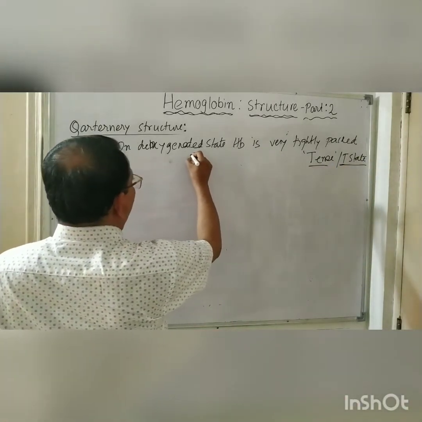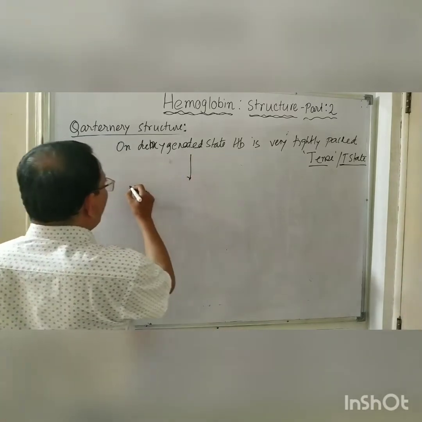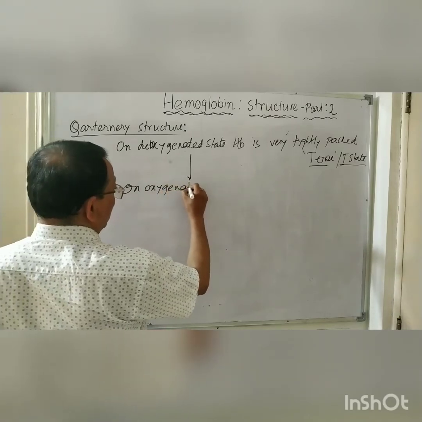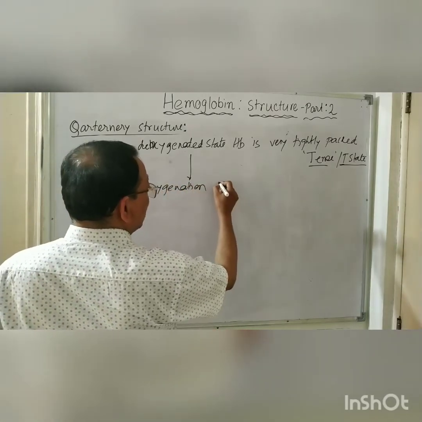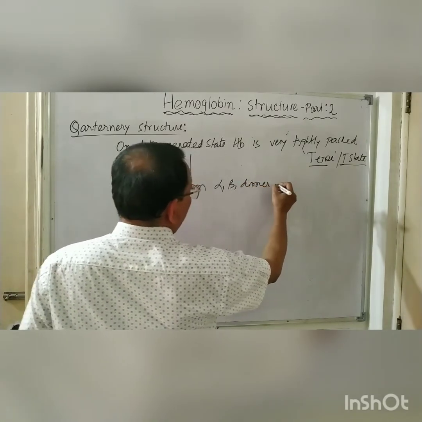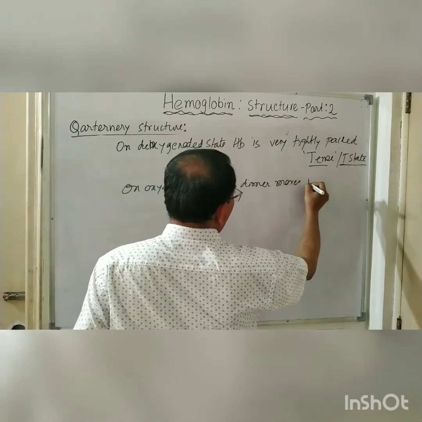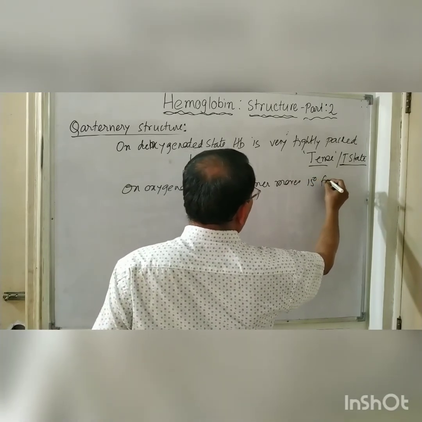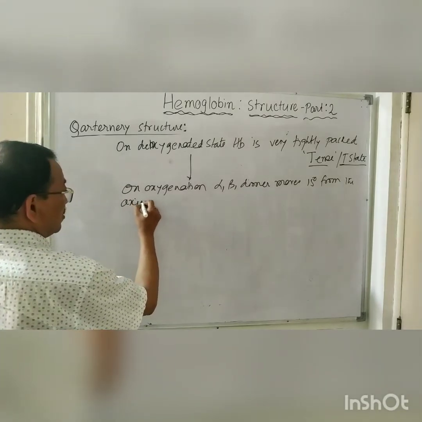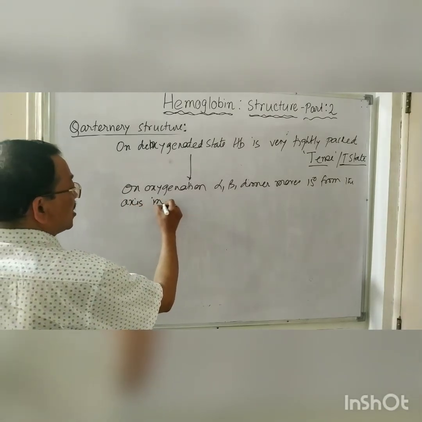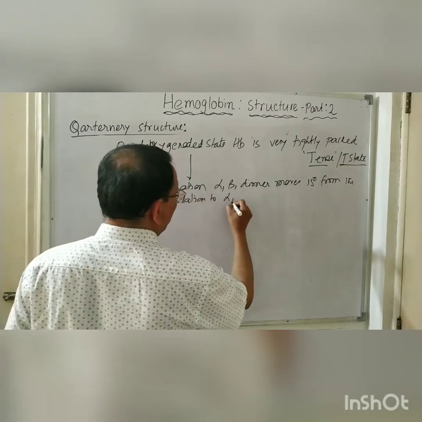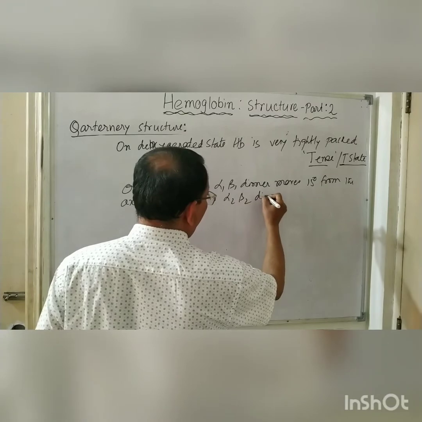Now, once the oxygen gets bound, on oxygenation, what's happened? As I told, the alpha 1, beta 1 dimer moves 15 degree from the axis in relation to alpha 2 beta 2 dimer, heterodimer.